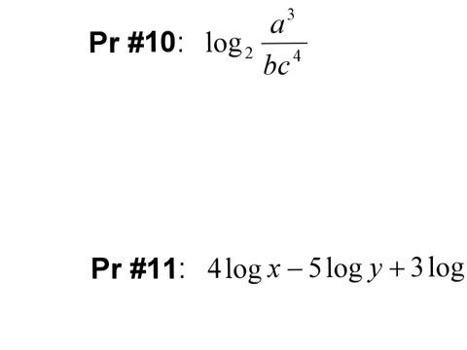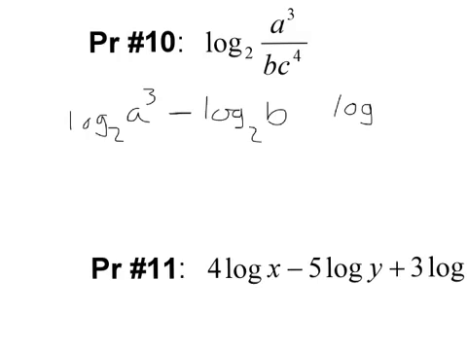I have log base 2 of a cubed. That's my positive one. And then on the bottom, I have log base 2 of b. But it's on the bottom, so that means I'm going to subtract because I divided. c is also on the bottom, so I'm going to have log base 2 of c to the 4th, and I'm also subtracting that one.